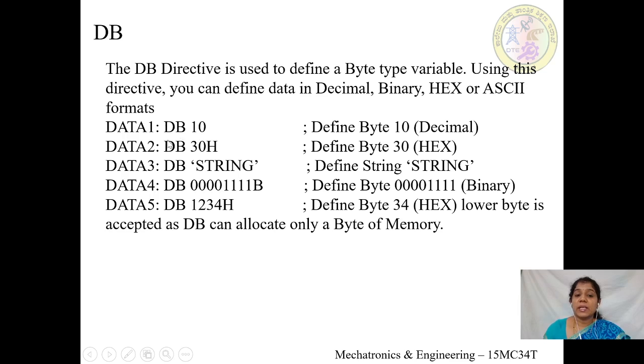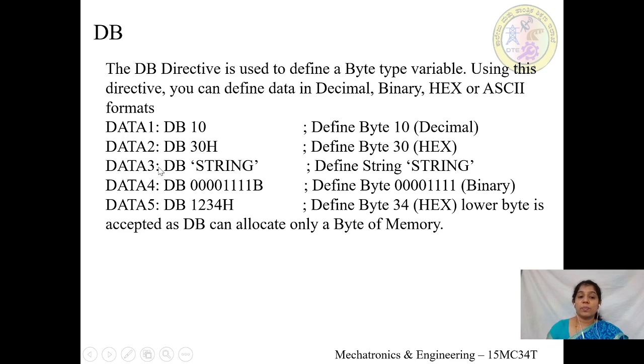Here DB is define byte 10. 10 is the decimal value, so it defines a byte with 10. DATA2 define byte 30H. Here 30H indicates that it is a hexadecimal number and a byte will be defined with value 30H.